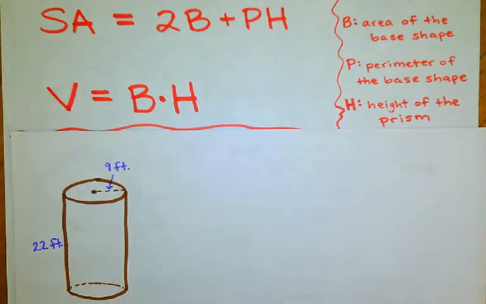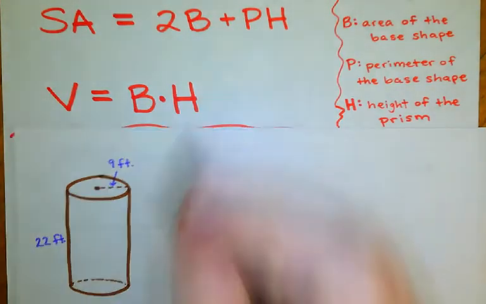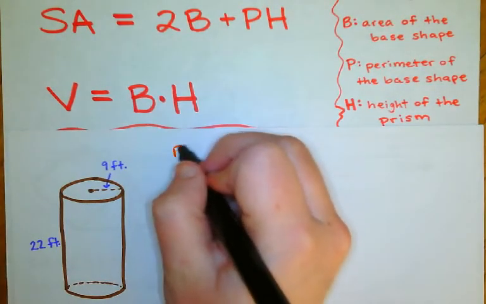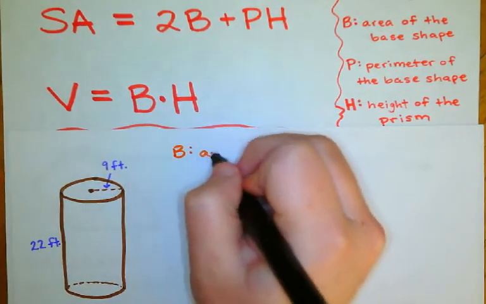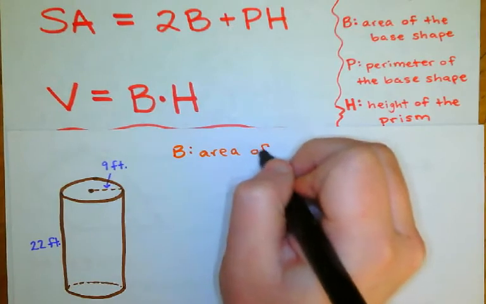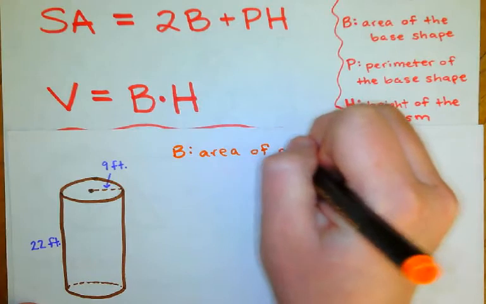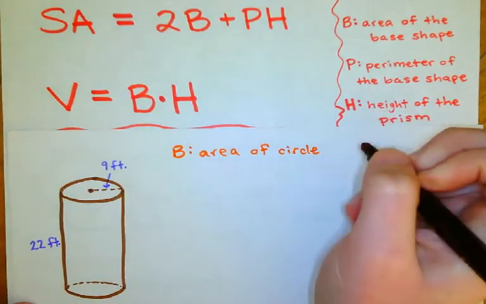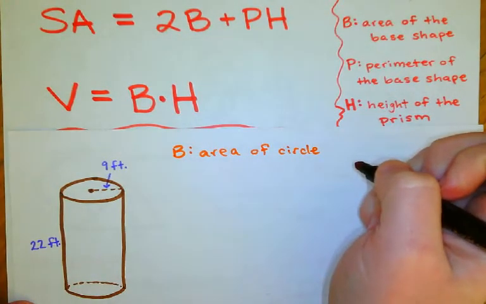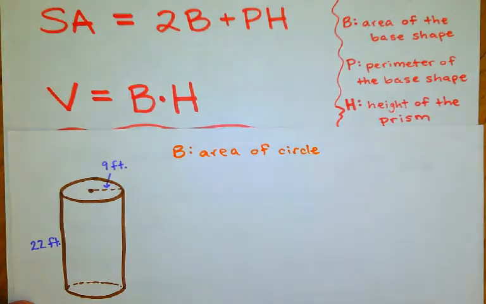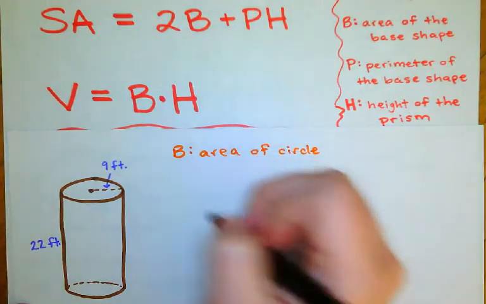All right. Now, again, we're going to find capital B, capital P, capital H, and plug it into our formulas. So our capital B. Area of, what's our base shape? The circle. Area of a circle. Alright, what is the area of a circle? If you need to, look back at the beginning of our notes with that review. Remember, area of a circle is pi r squared.